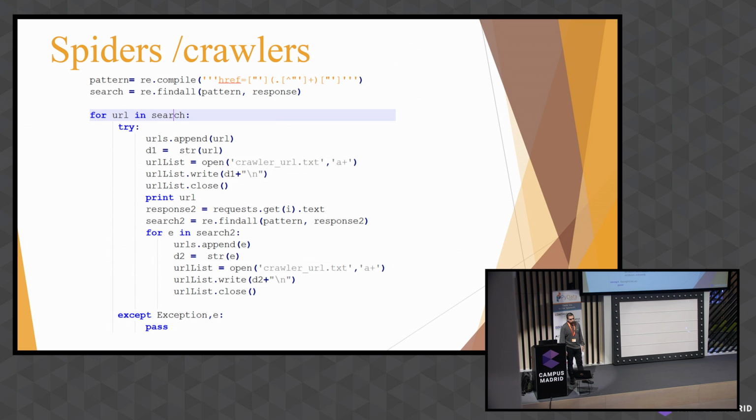This is a basic example of a URL crawler, where from a URL we can obtain the links. In the first iteration, we obtain the links from the URL, and in the second iteration, we obtain the links of the links obtained in the first iteration. And this is the simplest crawler for extracting links from our URL.